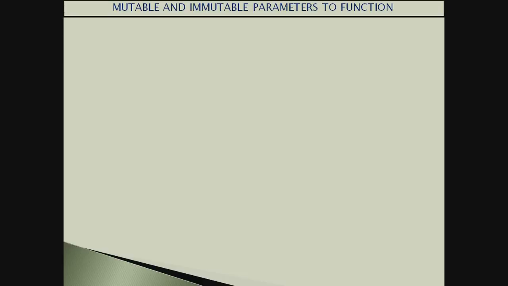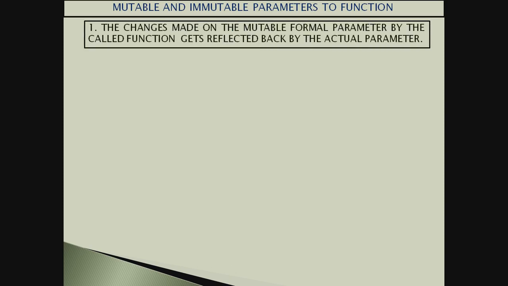Now students, we'll talk of a very important topic here. The topic is mutability and immutability of parameters. Students, let us see what it means. Mutability and immutability means that while you call a function and send an argument to a parameter in the parameter list, if the argument is of mutable type, then any change that occurs in the parameter is going to be reflected back to the argument that you sent.